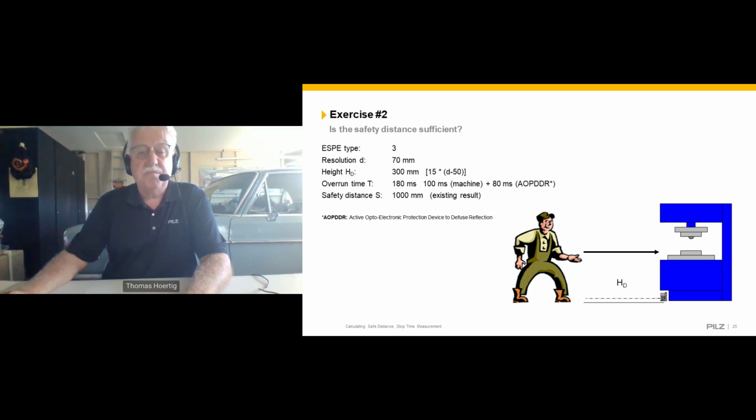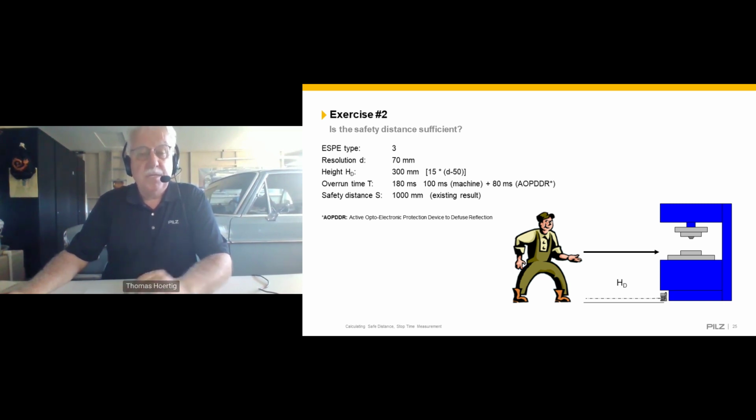Filled in with 70, the result is 300. The overrun time of the machine was measured at 180 milliseconds. Because we have an AOPDDR device, our area scanner, AOPDDR being an active optoelectronic protective device responsive to diffuse reflection, we have the machine rundown time and the time of the presence sensing device.